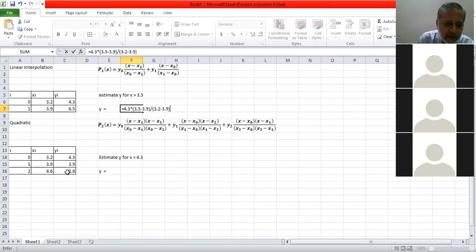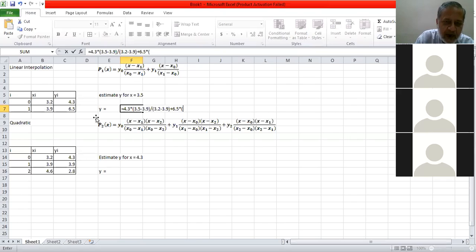Now what we need to add to this is the next term of the formula that contains y1. So what's the value of y1? Y1 is 6.5.